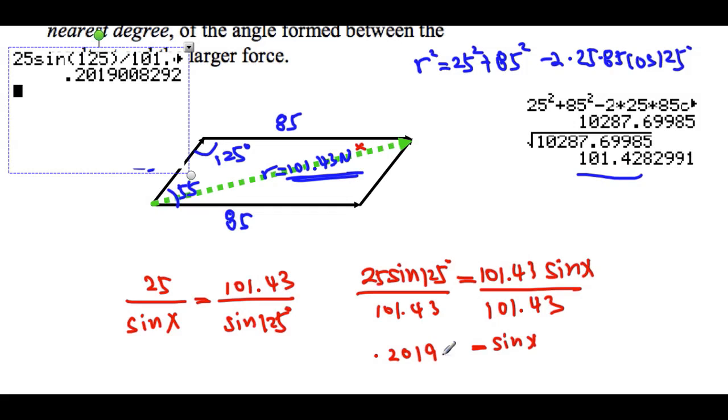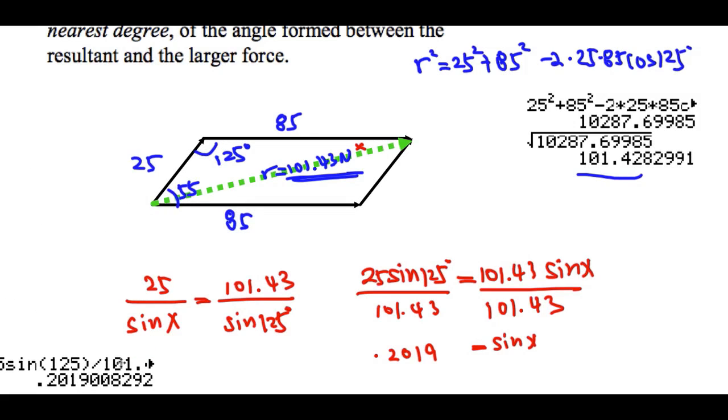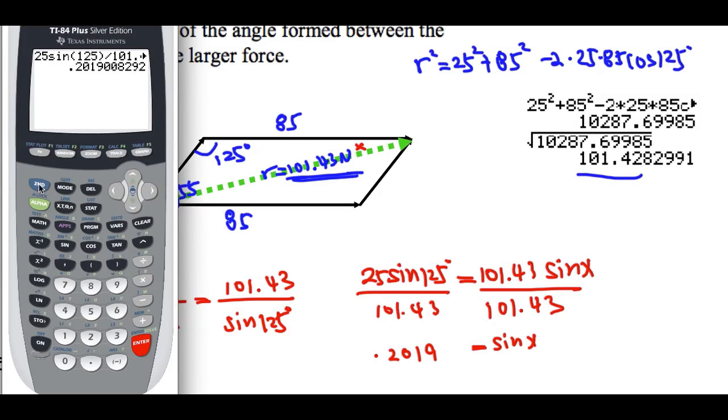That's equal to 0.2019. Then we want to get the value of x, which means we have to go for inverse sine of the value. We get 11.6.